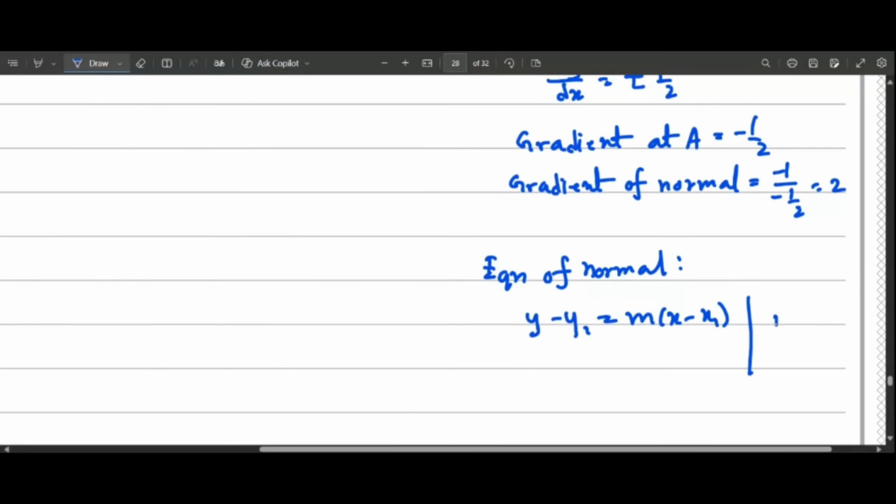We know that m is 2, and the point that we need to use is A, which is, I'm sorry, 0 and pi by 4.